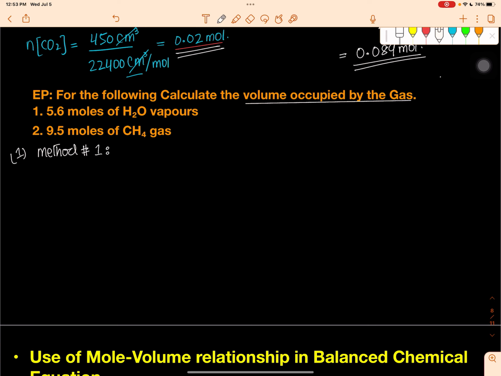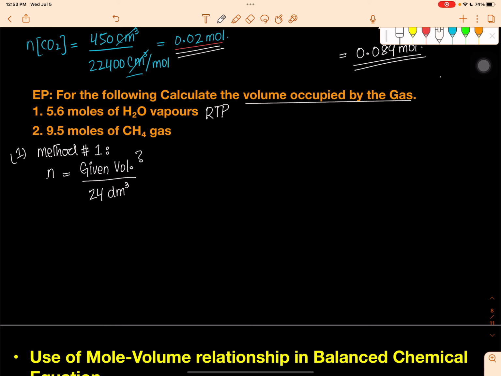Method number 1 tells me that the number of moles of gas is equal to the given volume divided by the volume occupied at STP, and why not find it out at RTP? Let's solve this problem with RTP, so 24 dm cube at RTP. We need to find out this thing, that is the question for us.